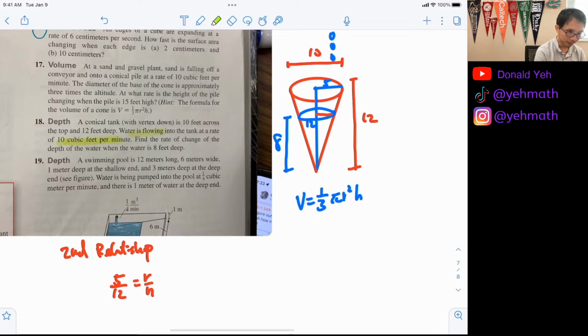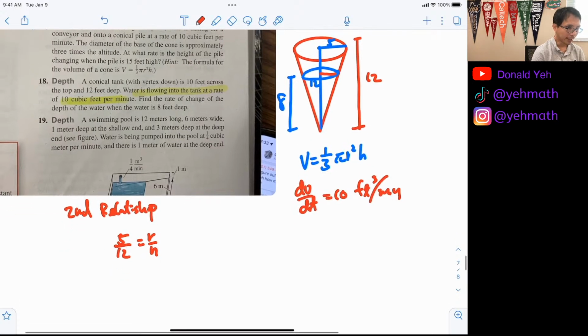Change in volume. dV/dt is equal to 10 feet cubed per minute. How do I know it's a value? What's the easiest way to identify it as a value? Anything cubed, like in physics, is a volume.